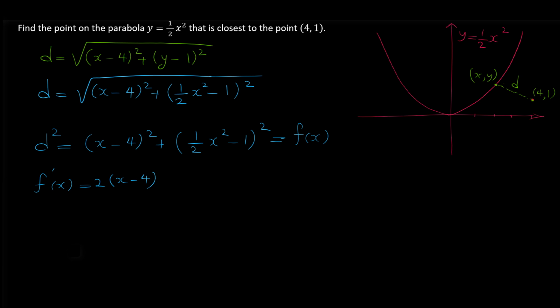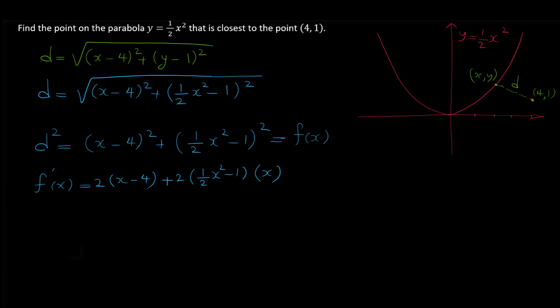And the derivative of the second expression is 2 times (1/2 x to the 2 minus 1) all to the power of 1 times the derivative of the inside. The derivative of 1/2 x to the 2 is x, because the derivative of x to the 2 is 2x, and 2x times 1/2 is x, and the derivative of negative 1 is 0. So the derivative of the inside is x.